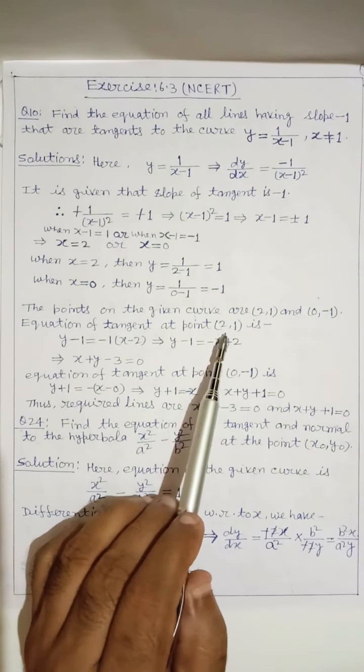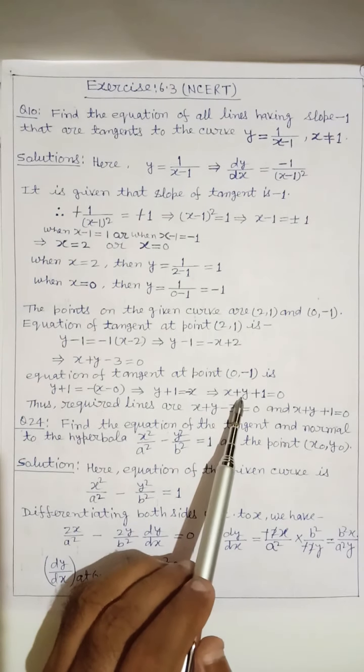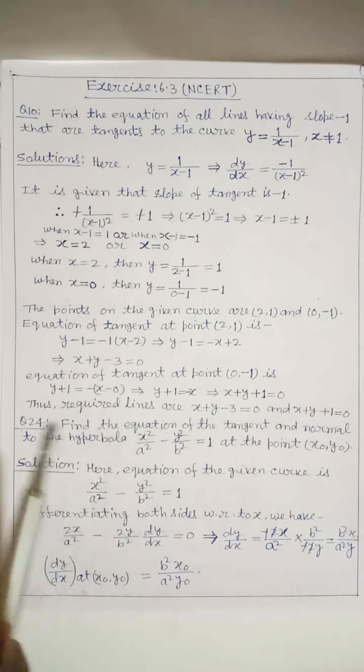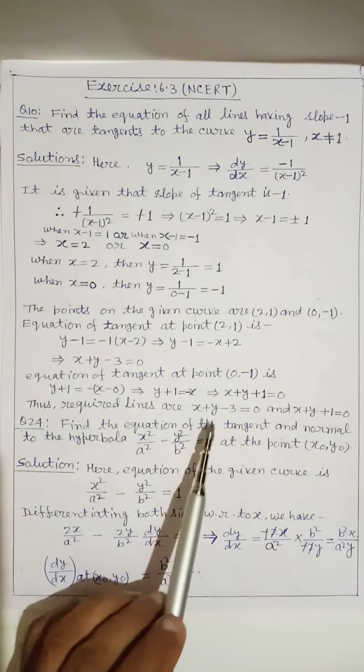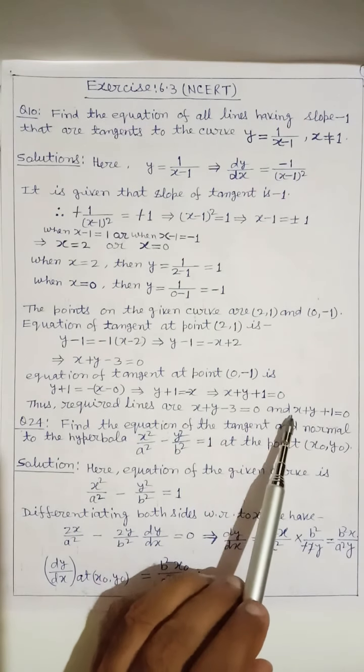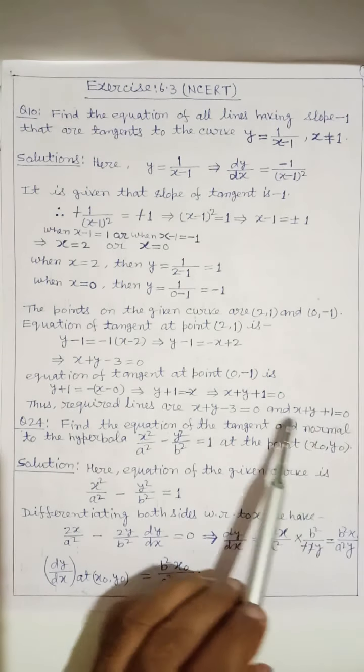So we get y minus 1 equal to -1 into (x minus 2), and we simplify this, we get x plus y minus 3 equal to 0. And for the point (0, -1), we get x plus y plus 1 equal to 0. Therefore, the required lines are x plus y minus 3 equal to 0 and x plus y plus 1 equal to 0.